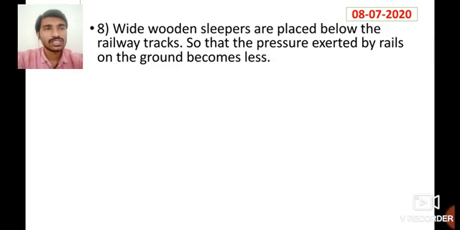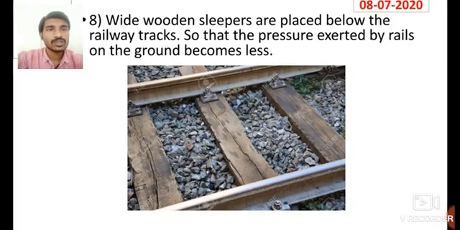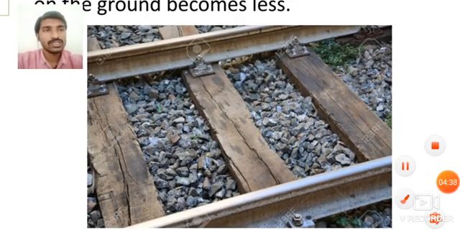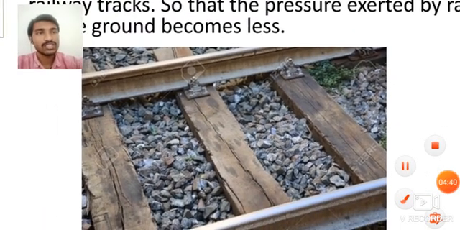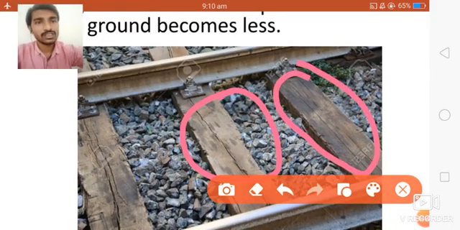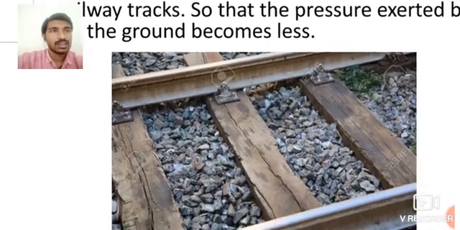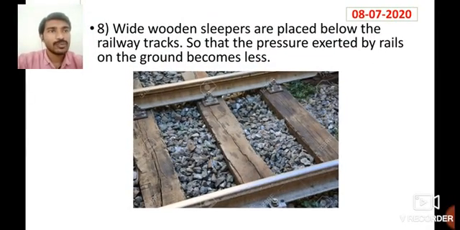So here you can see, this is a railway track and you can see the wooden sleepers here. Wooden sleepers are placed below the railway track so that the pressure exerted by the rail on the ground becomes very less.